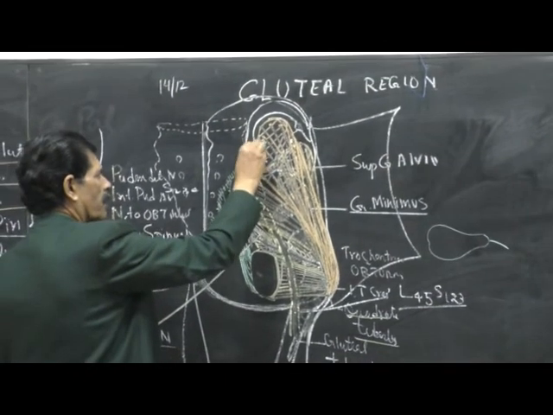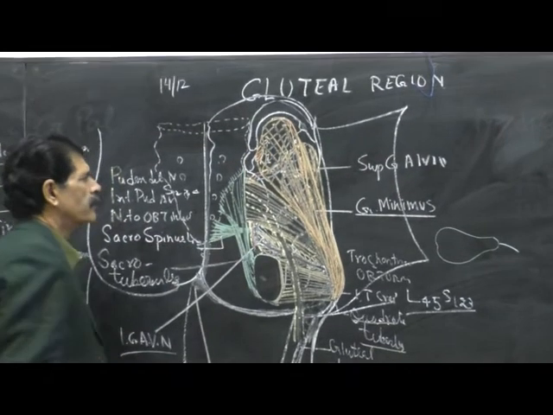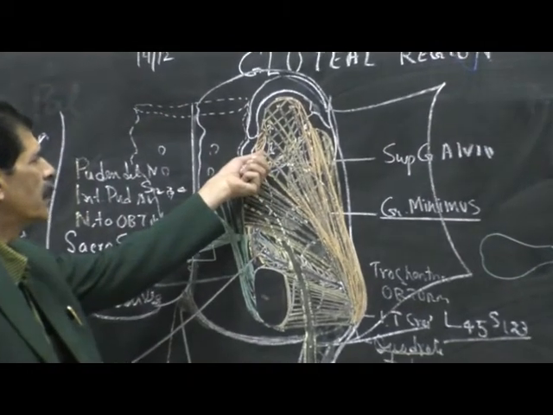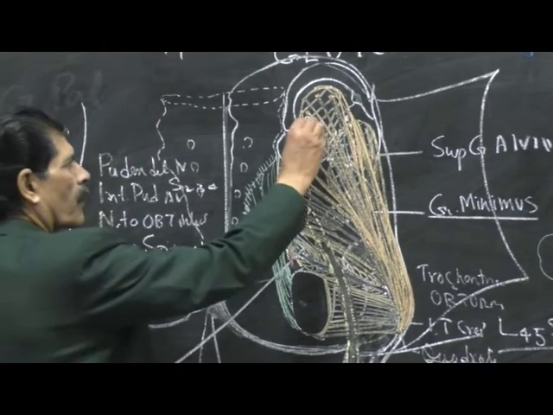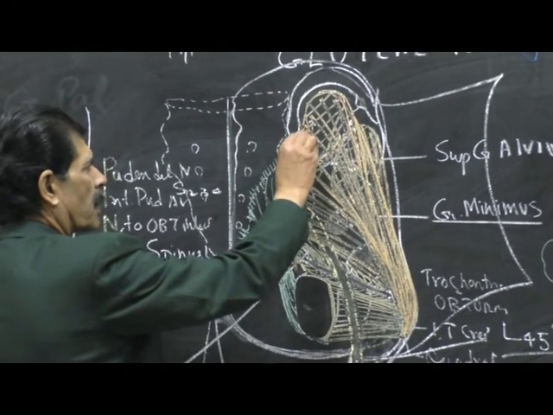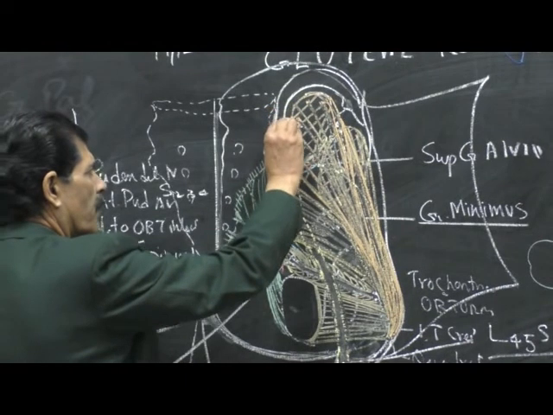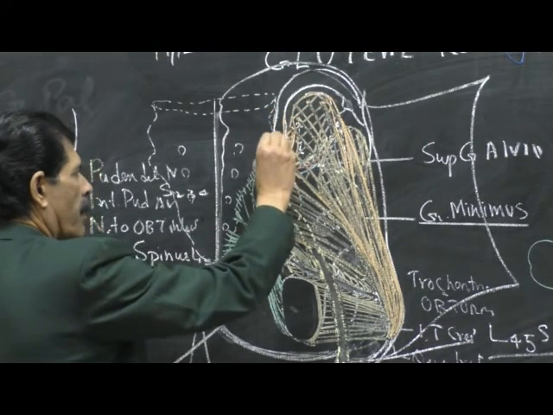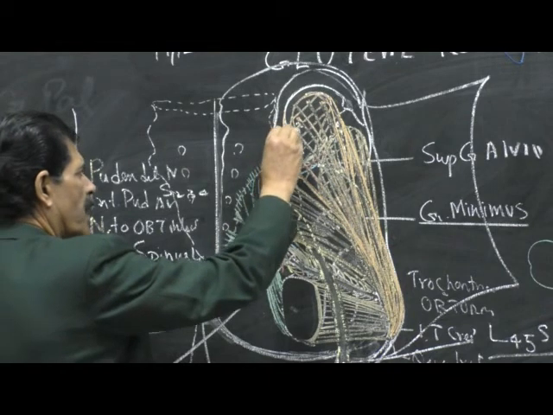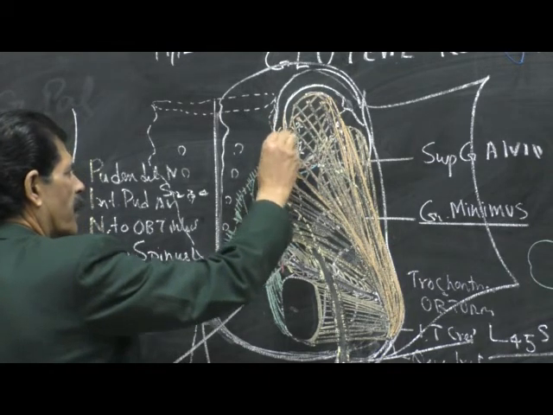So this area, number one, plus from the posterior gluteal line. Number three, origin is from the outer lip of the iliac crest. Then the posterior superior iliac spine and posterior inferior iliac spine.